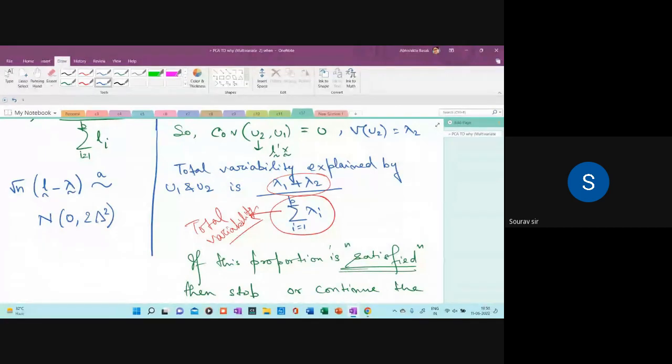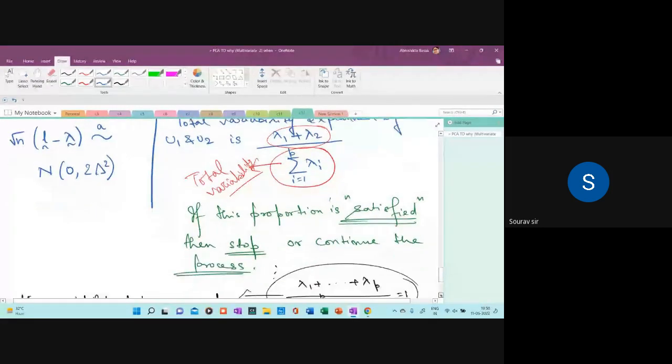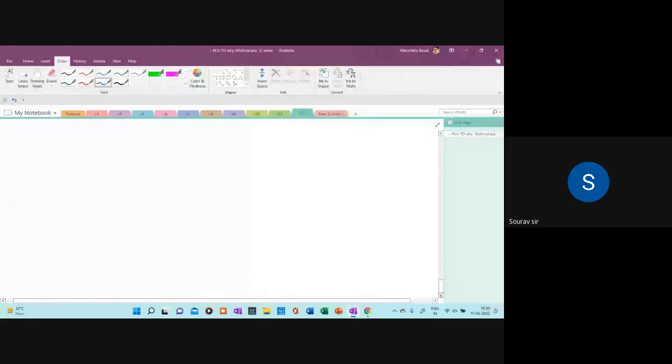Okay, so we can go and check some sums. Maybe one small sum, we can check for PCA, how it works basically. So it's a very small sum I am discussing today.